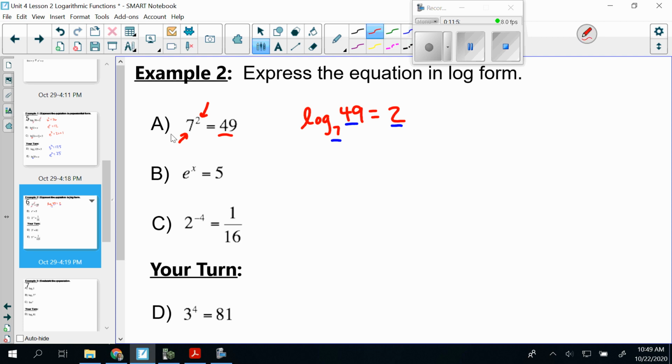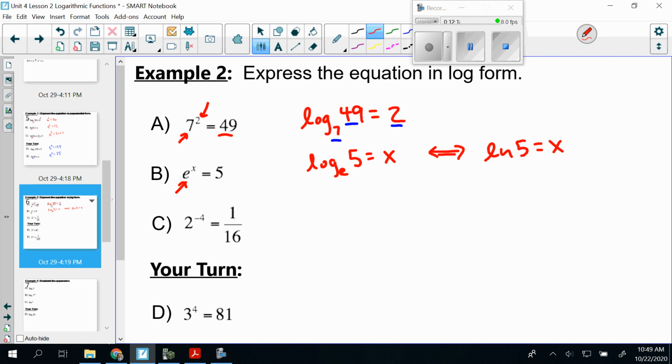The next one, this one is going to be log, our base is e, of 5 equals x. Whenever it's log base e, we could also write this as natural log 5 equals x. The next one, there is a negative there, but that's okay.